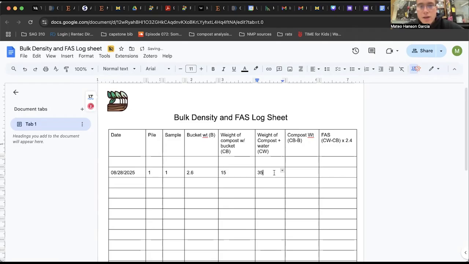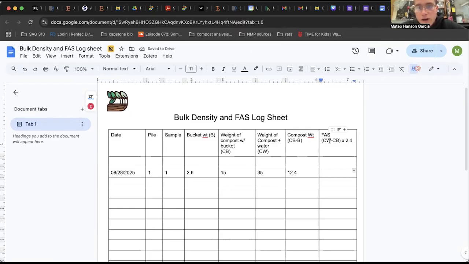Let's just say that's 35 pounds. And so the weight of the compost is going to be 15 minus 2.6, which is 12.4.